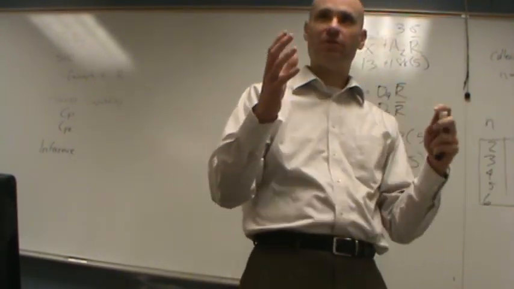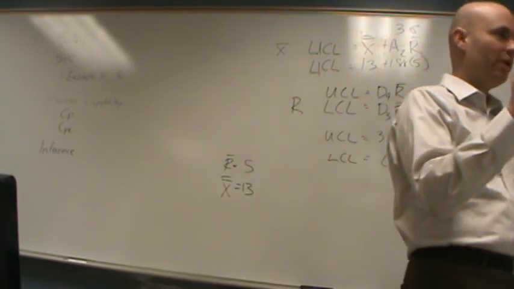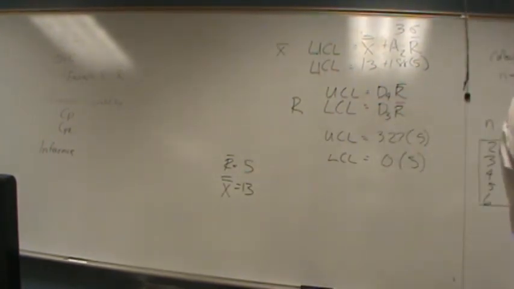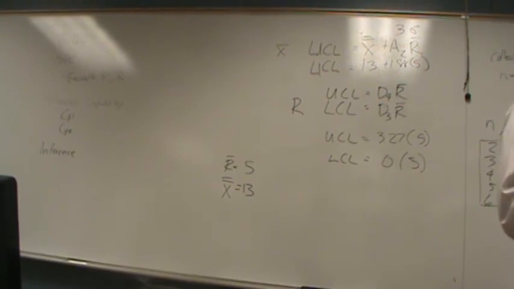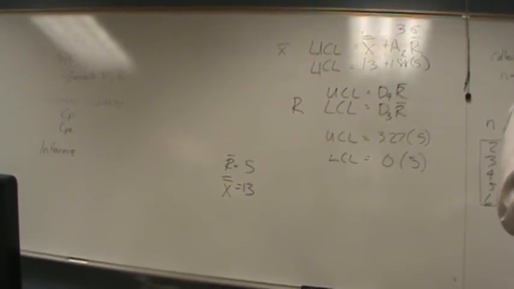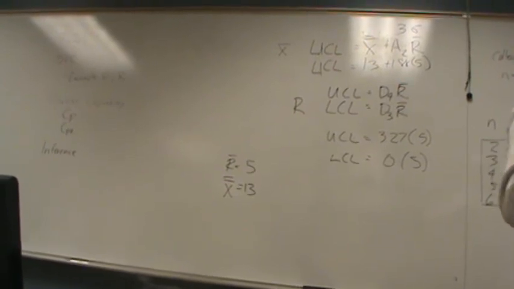What I've done with other classes is we throw a piece of wadded up paper towards a target, and then I'm going to instruct you to do something else, and we'll see if the control charts pick up the process shift. Does that make sense?